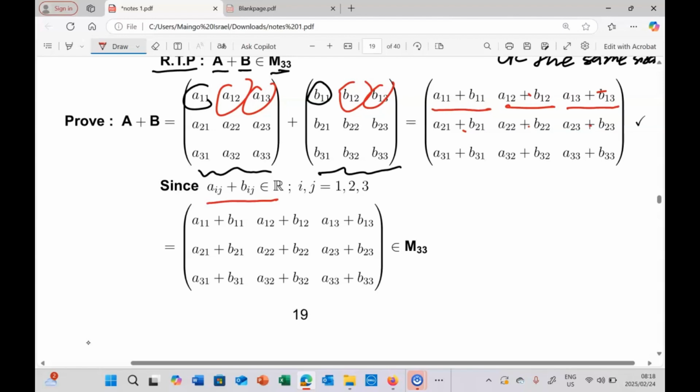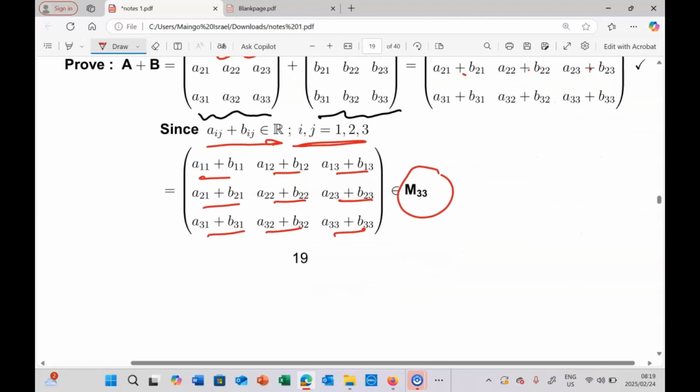So we just have to say since aij plus bij belongs to real numbers, it means the whole matrix, these components inside, belong to real numbers. It means that this is a 3 by 3 square matrix, because each of these is a constant. So this guy belongs to M33, and that's what we wanted.